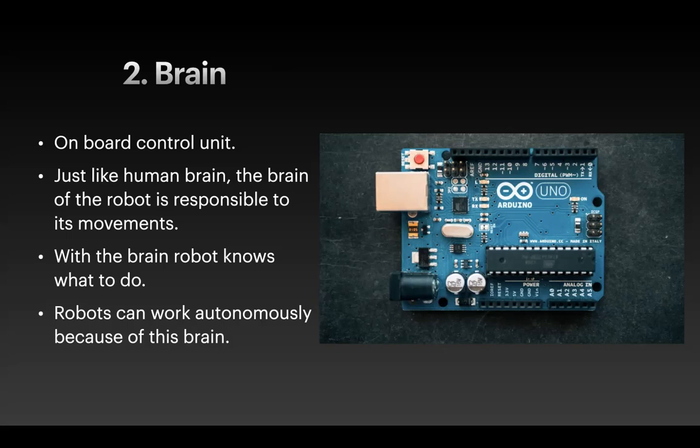The higher the complexity of this control unit, the more powerful control unit can handle something like artificial intelligence or machine learning, or these autonomously driven softwares. But even for us, a line following robot is an autonomous robot. So that is the second characteristic of a robot, which is the brain.